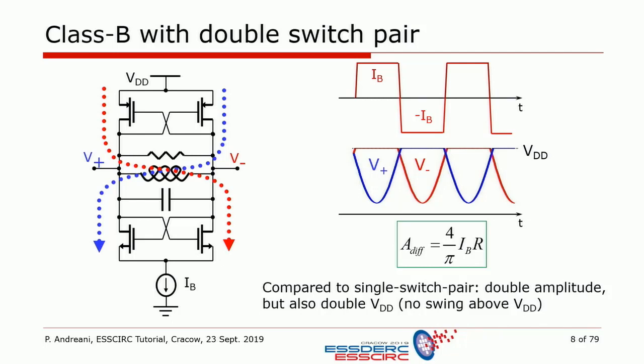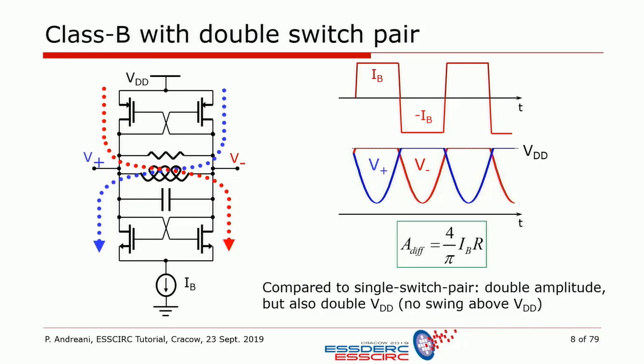So actually, the oscillation amplitude compared to the previous oscillation architecture is twice as large if the tank is the same and the bias current is the same. So it's twice as efficient in terms of current utilization. On the other hand, as you can see here, the oscillation voltage cannot climb above VDD.